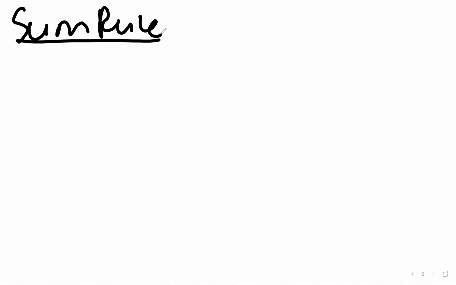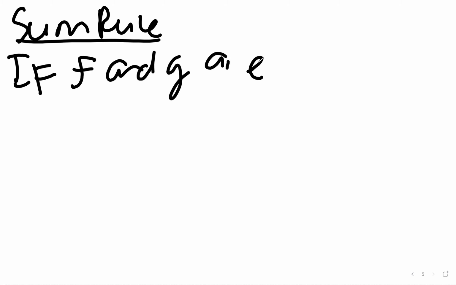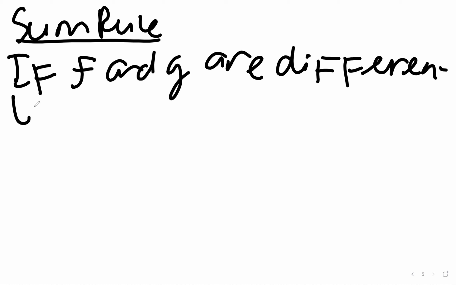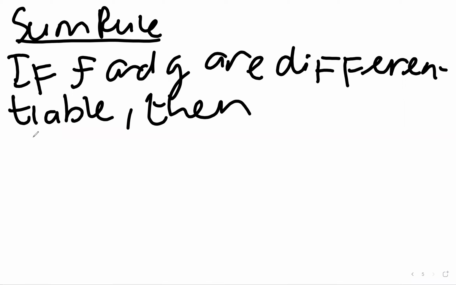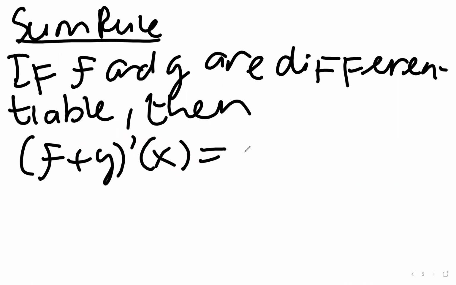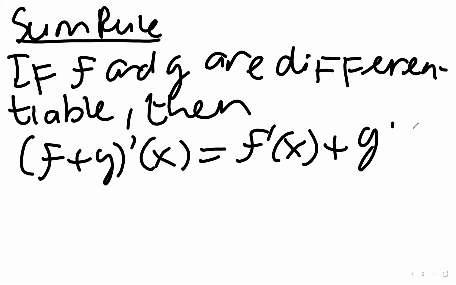So that's the constant multiple rule, and then another important rule is the sum rule. For the sum rule, if f and g are differentiable, then the derivative of f plus g evaluated at x becomes the derivative of f at x plus the derivative of g at x.